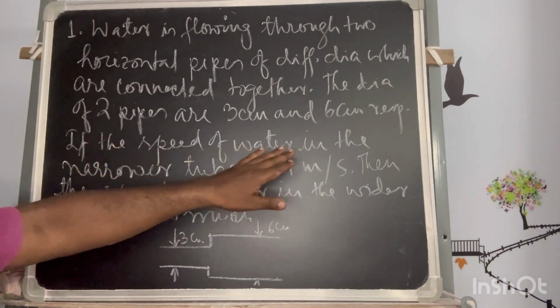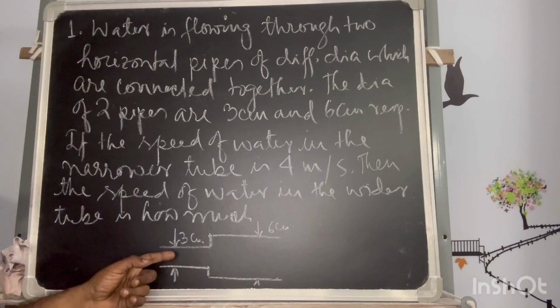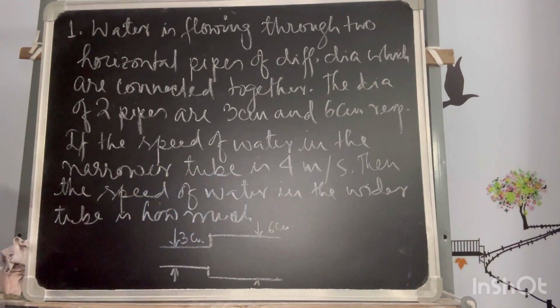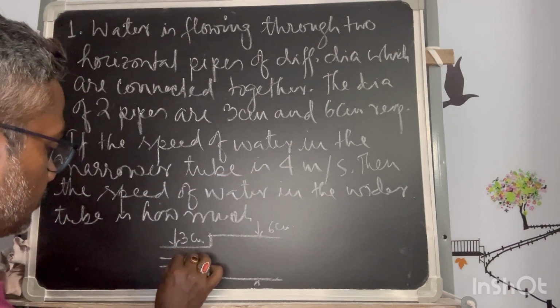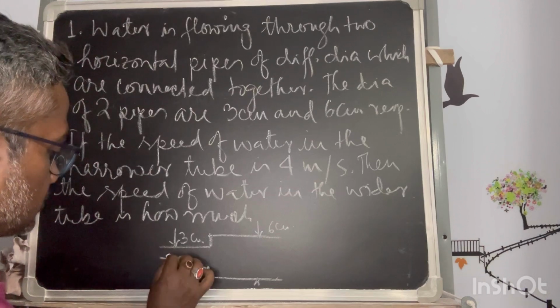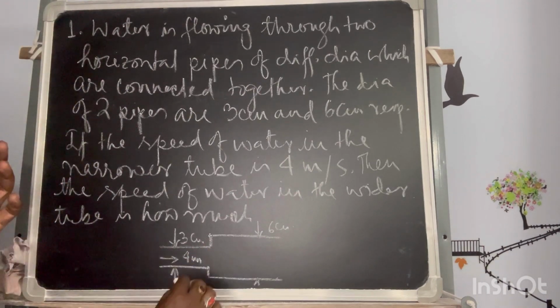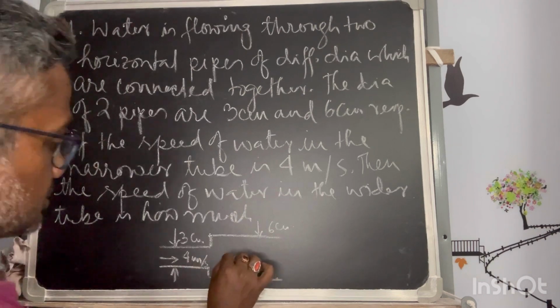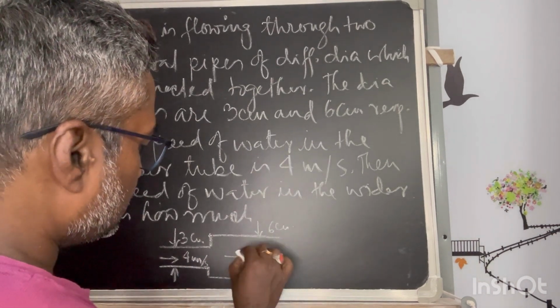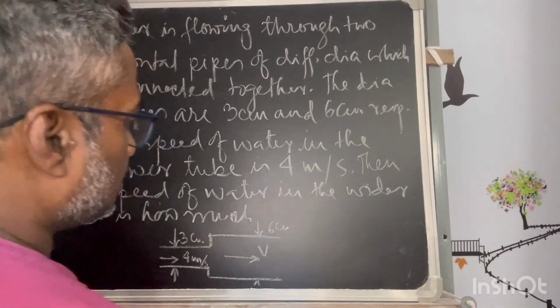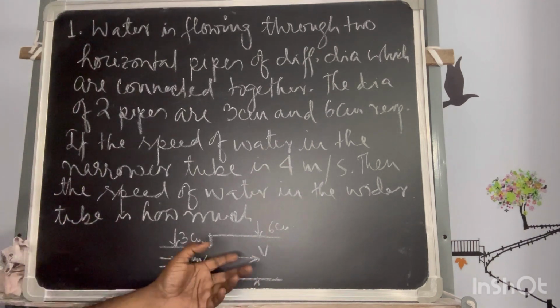If the speed of the water in the narrower, that means the smaller tube, is 4, this is the velocity here. We can assume this is an ideal fluid, there is no frictional loss, so velocity along the smaller tube is the same until it moves through the bigger diameter, where it may lose some velocity.